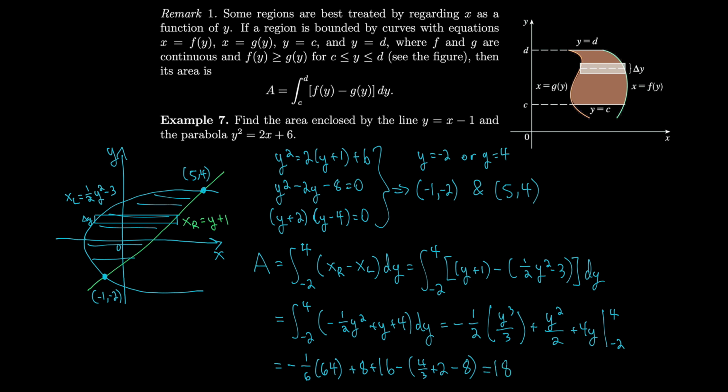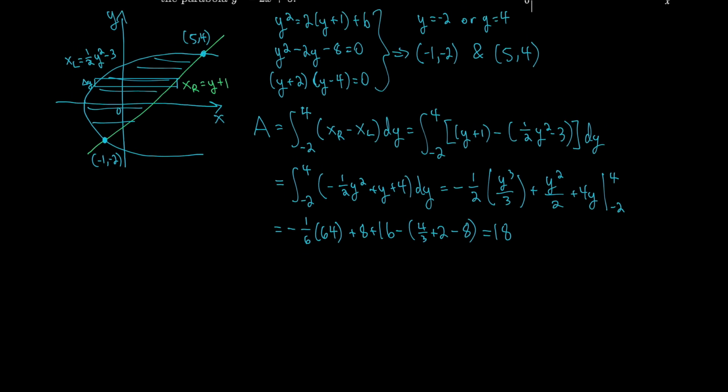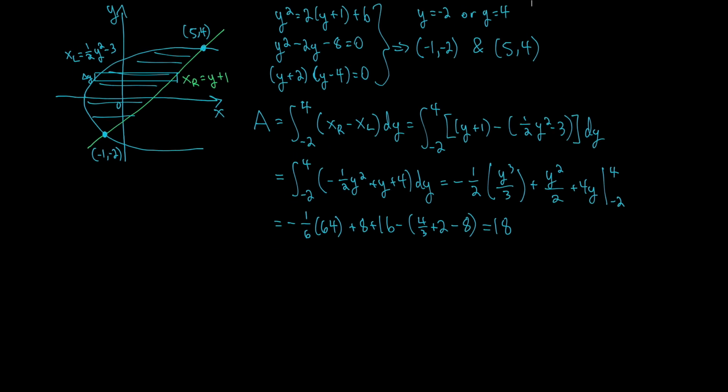This is technically not the only way you could have solved this problem. If you really hate integrating with respect to y, you could have integrated with respect to x. You just have to draw your region a little bit differently. So you would have drawn it something like this. See if I can get this parabola.